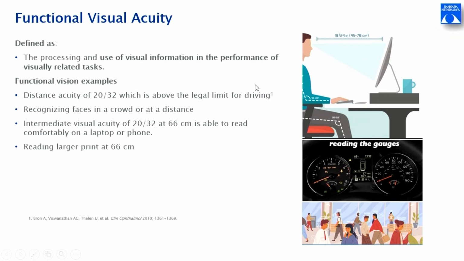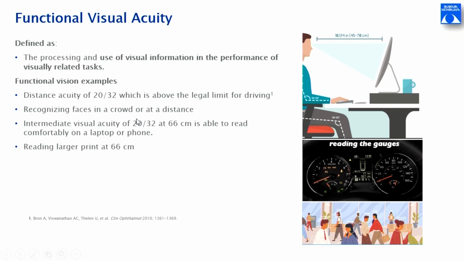The legal limit for driving is 6/12, and it allows recognizing faces in a crowd or at a distance. Intermediate visual acuity of 20/32 at 66 centimeters lets one read comfortably on a laptop or a phone, and read larger print at 66 centimeters. This is what functional visual acuity is.